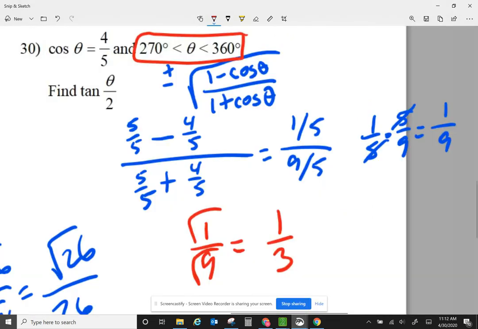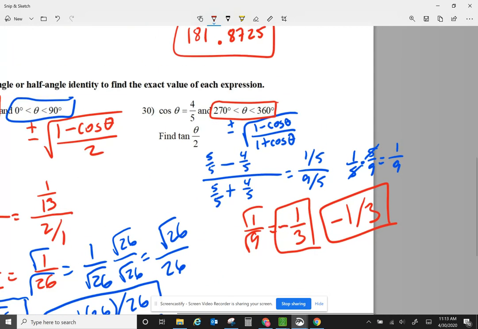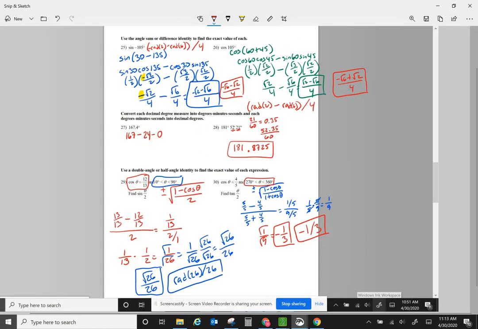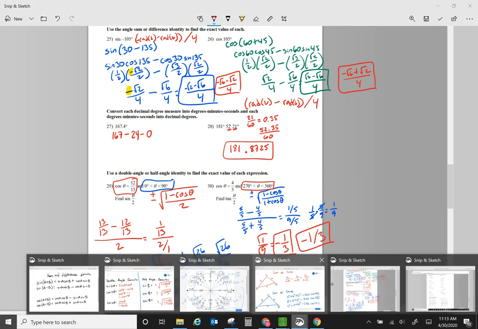So my answer in this case is negative 1/3. How am I going to type this? Negative 1/3. Not too bad. Let's finish our review here.